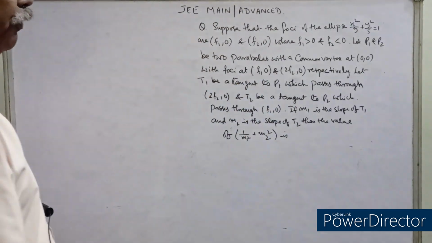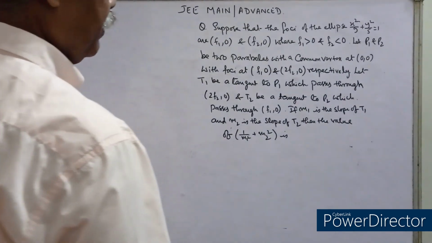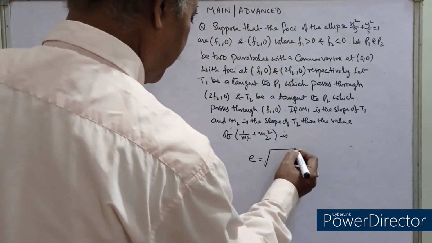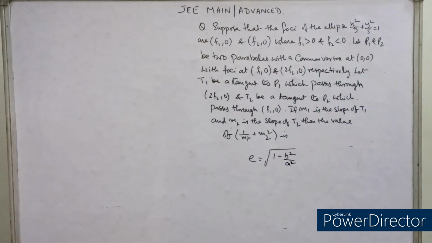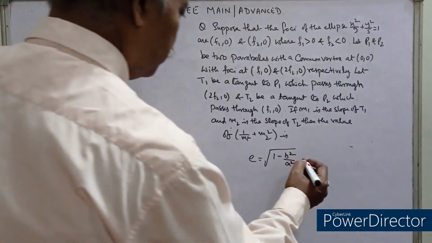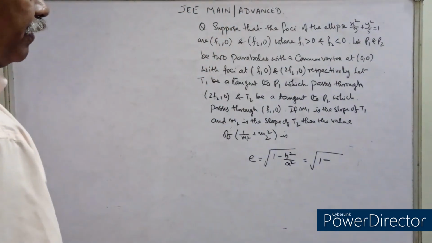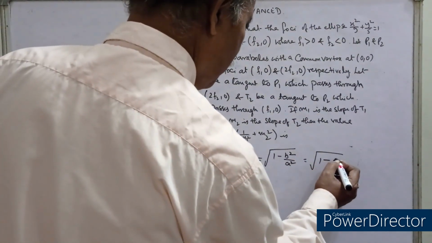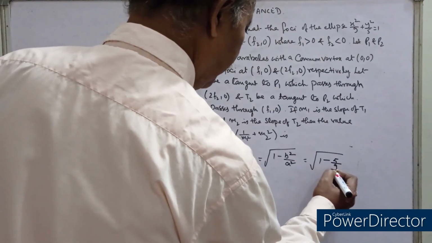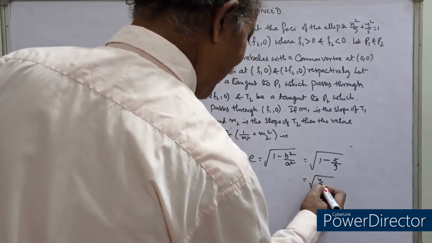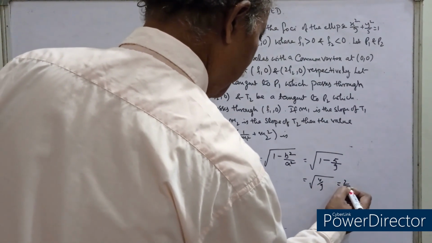So first of all, this is the ellipse, so let me find out the eccentricity. After that I will move on. 1 minus b square, this is 5 by 9, so this will be 4 by 9, so this will be 2 by 3.